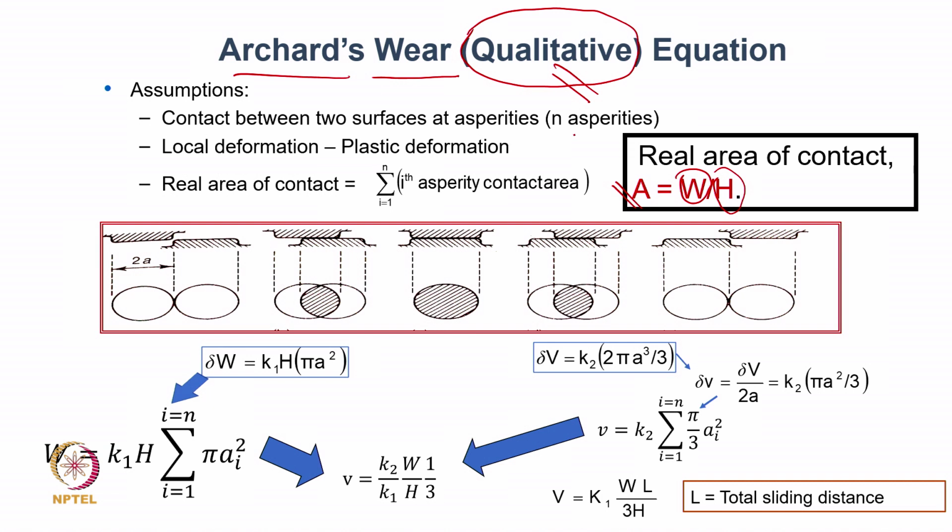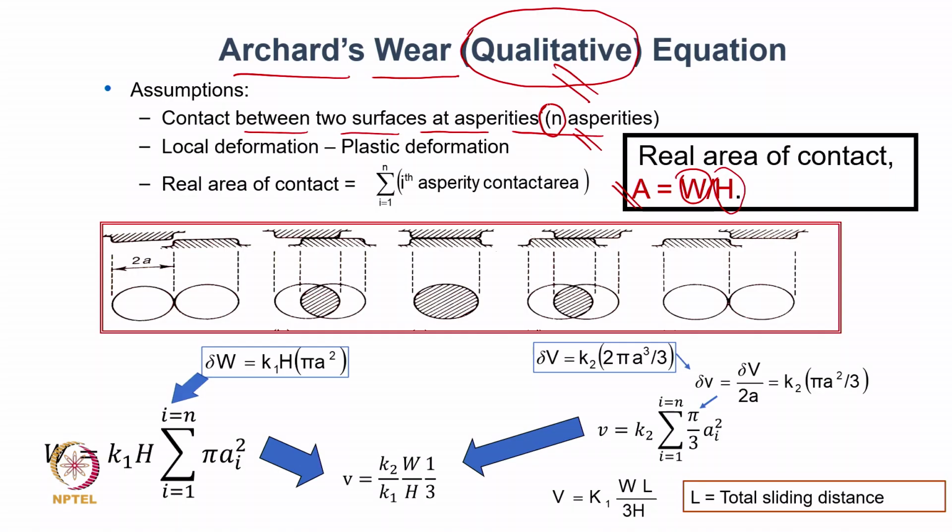When two surfaces come in contact, they meet at n asperities. The number n can be 100, 1000, 10,000. Because we need to formulate the equation, we need to assume some number of asperities, so we are assuming n as the number of asperities.